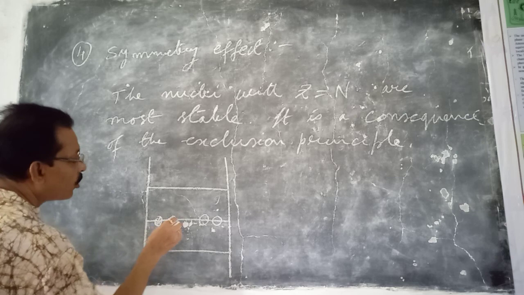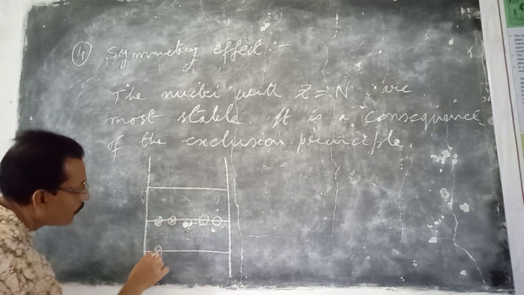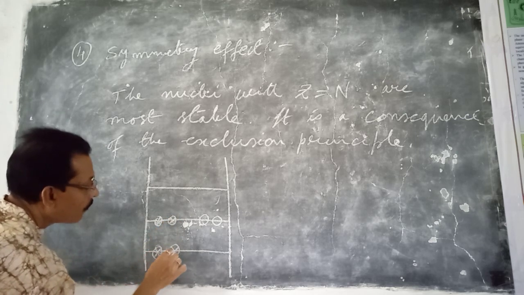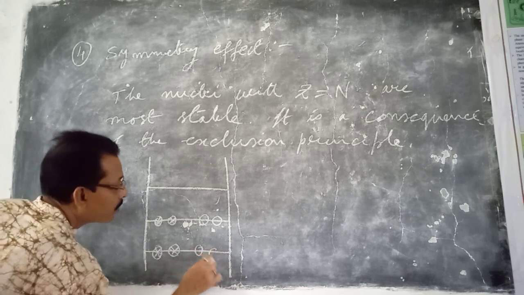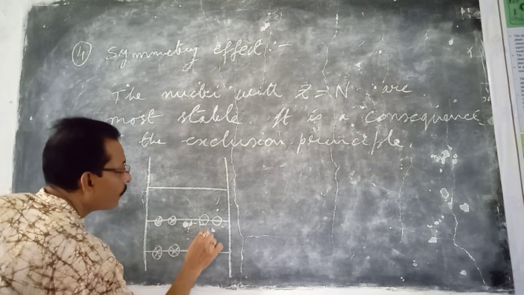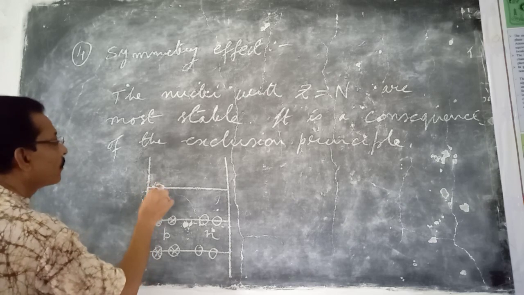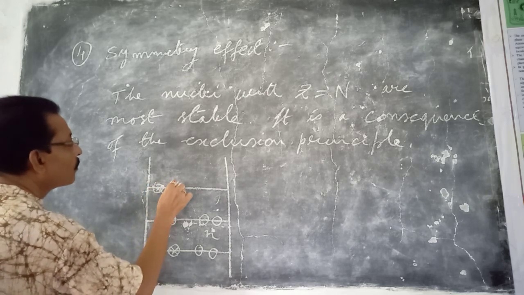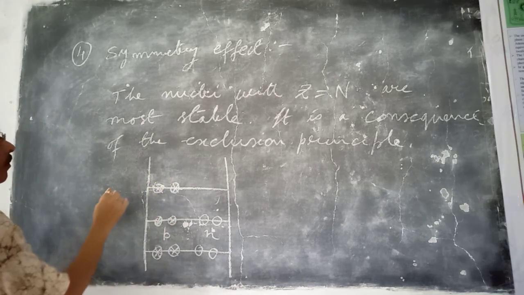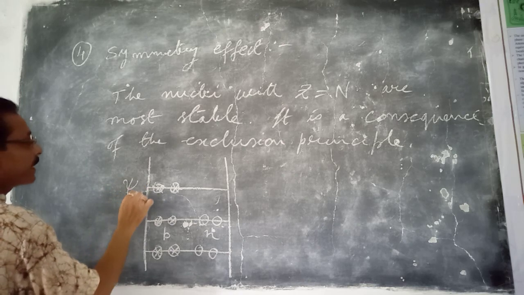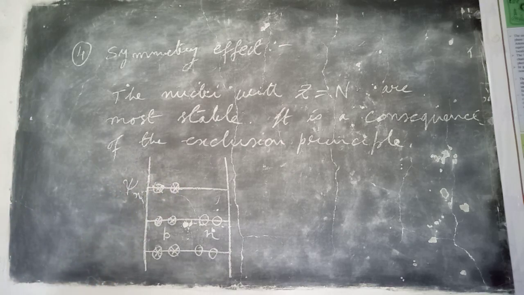The shaded are protons, suppose, and these are neutrons. So this is the nth state, psi n, of a particular nucleus.